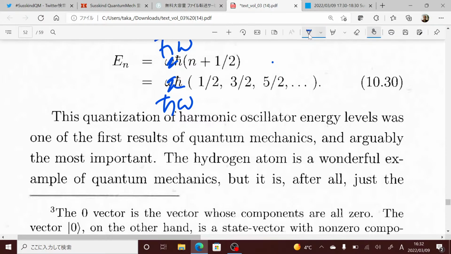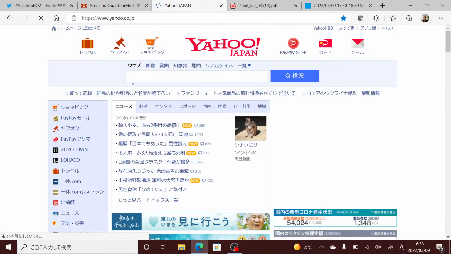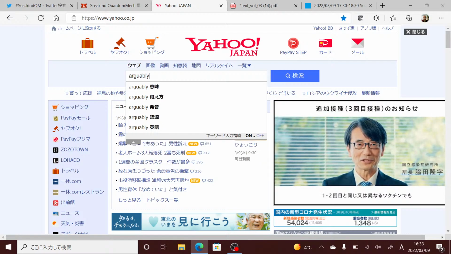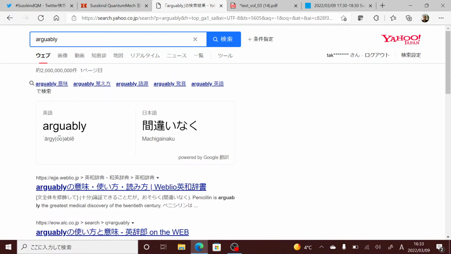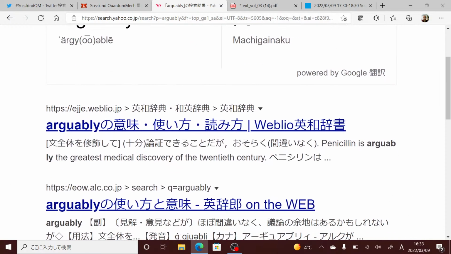This quantization of harmonic oscillator energy levels was one of the first results of quantum mechanics, and arguably the most important. Arguably. Why do we say arguably?